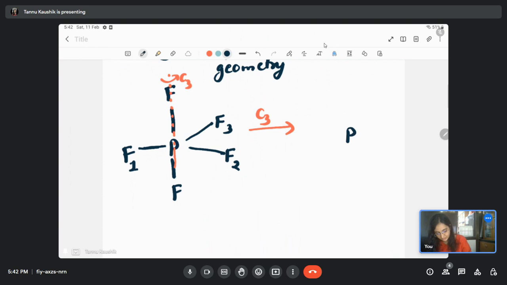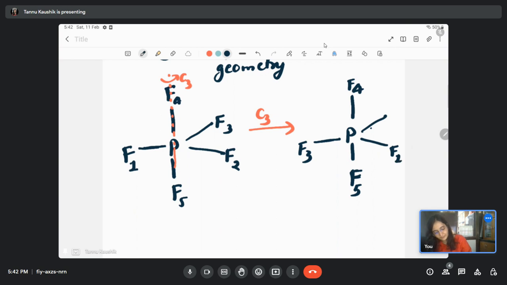So what is the configuration we will get after performing this operation? These two fluorine atoms, F4 and F5, are present on this principal axis of rotation, so they will have their position fixed. But these three fluorine atoms will rotate at a 120-degree angle with respect to each other.